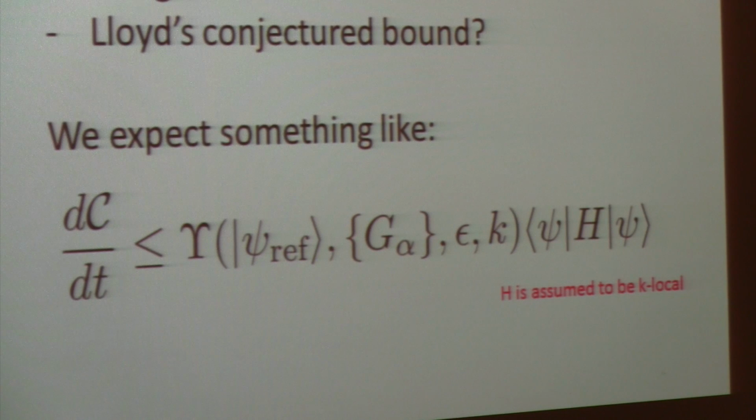Because you can act on more degrees of freedom in one go. And so the idea was maybe there's a bound where the rate of growth of complexity is bounded by some constant which depends on a lot of details times the average energy of the state. So what is psi? Psi is the state that I'm evolving in time. Is it initial? Well, since it's time evolution, the Hamiltonian is conserved, doesn't matter at what time I take it.